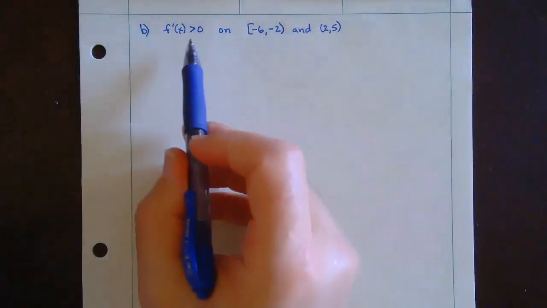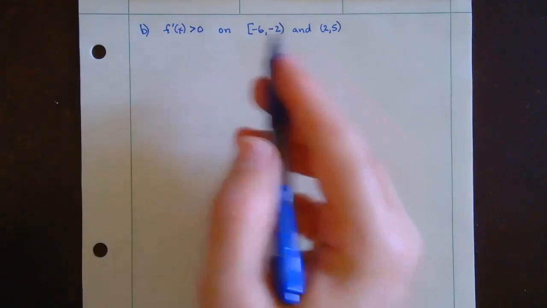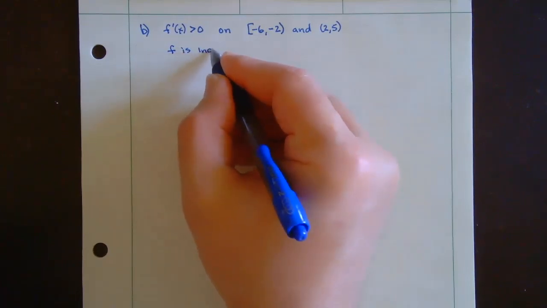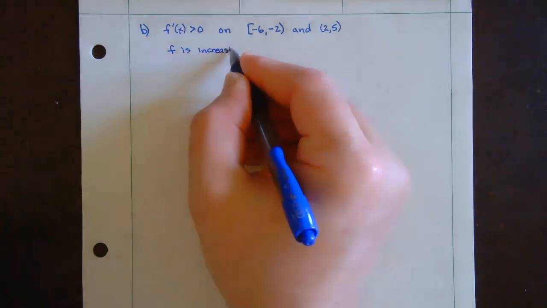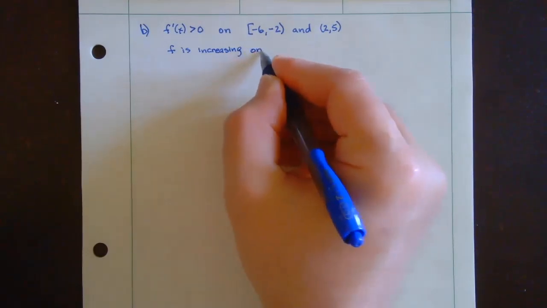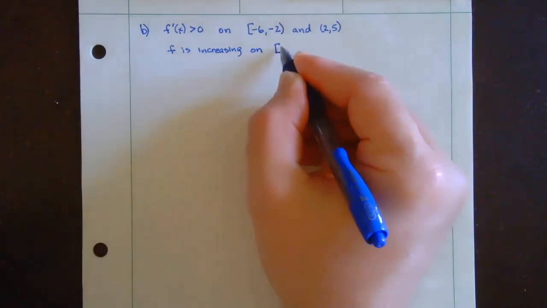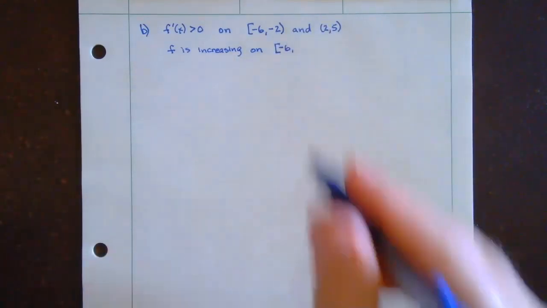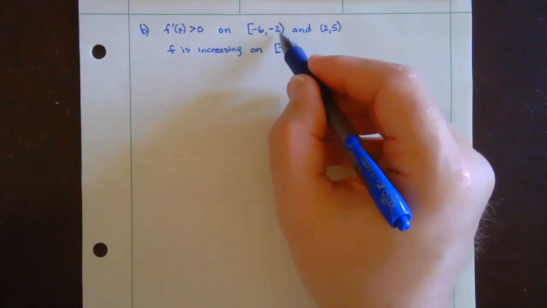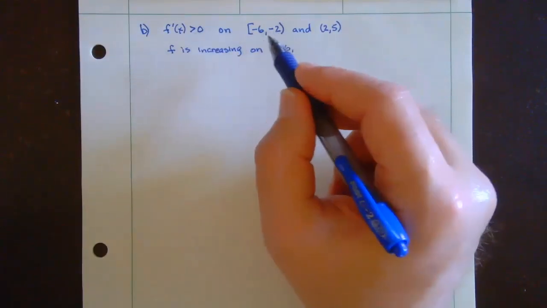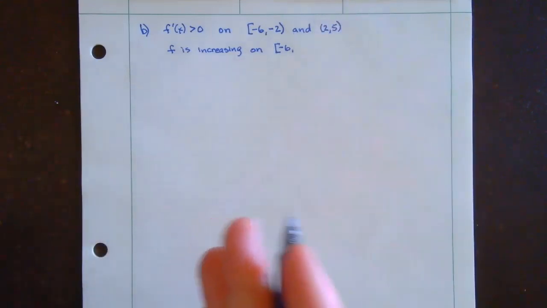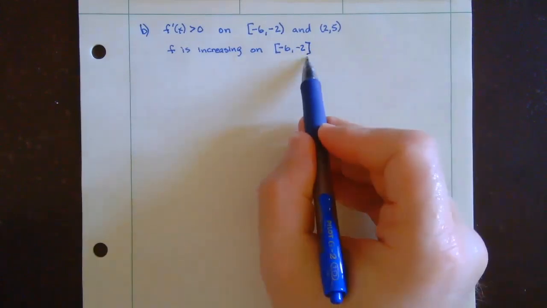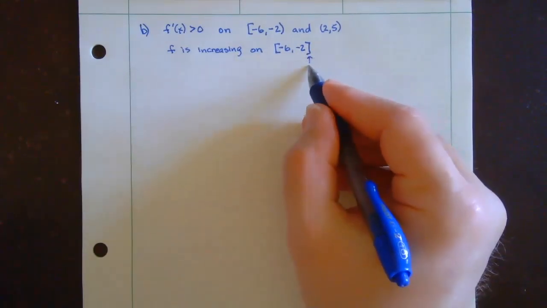Now, because it's positive on these intervals, f is increasing on, so bracket, it's going to be increasing at -6. And it's going to stop increasing at -2. Now at -2, the derivative is 0, but we can include it there. Some people include this and some people don't. So right here, an option would be to have a parenthesis.